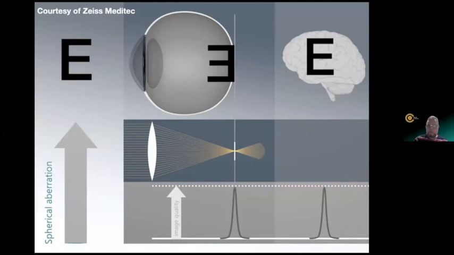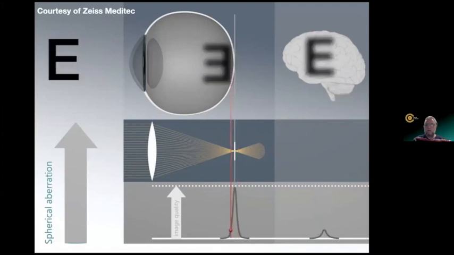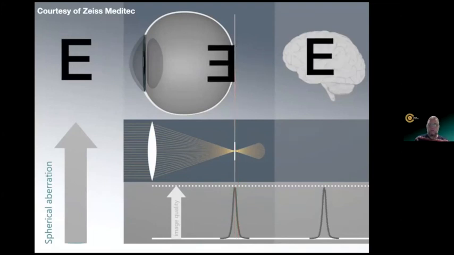Now, what if this patient does not have any spherical aberration and therefore no depth of focus, and this letter moves? Then it will be out of focus. Forget about accommodation; let's say that this eye does not have accommodation. As the letter moves forward and backward, it will be blurred both on the retina and in the brain.